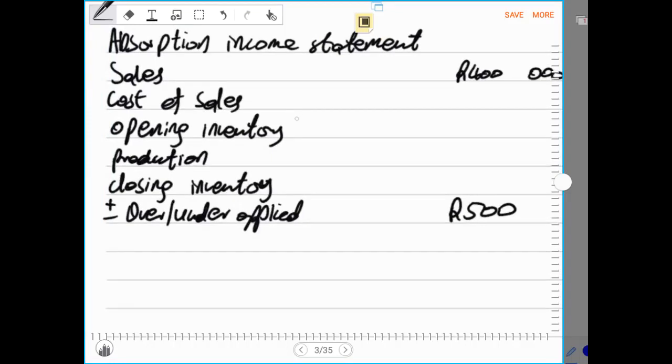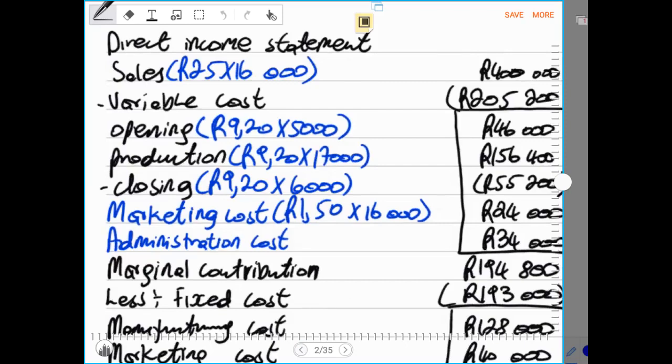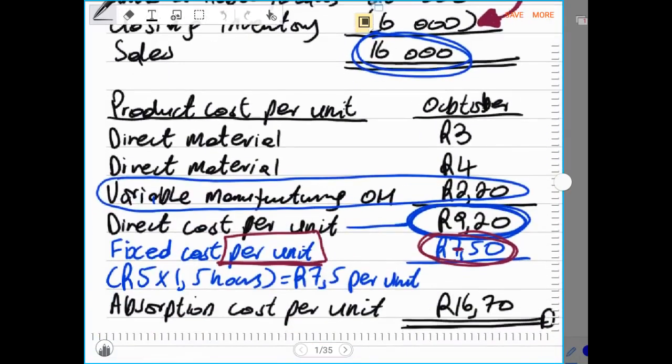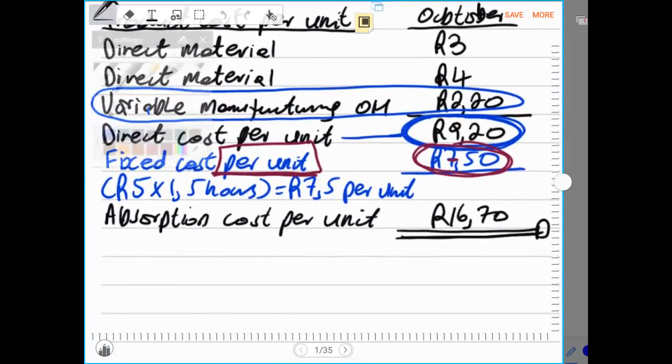Then we go to our opening inventory, and opening will be based on the total cost, which is the full cost. Total cost, don't forget. In the absorption method, we take the total cost, the one that includes the fixed cost of 7 rand 50 cents. But in the direct method, we only take the 9 rand 20, which is based on the variable cost per unit.